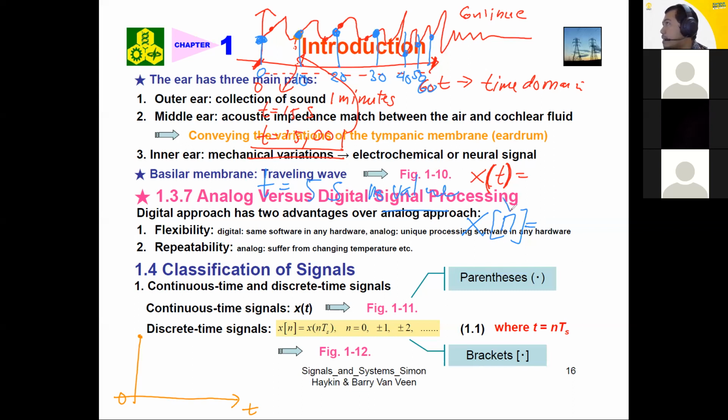x[n], where n represents n1, n2, n3, n4, 5, and 6. This is in terms of n, in square brackets, maybe parentheses in English. I hope you have a clear explanation.